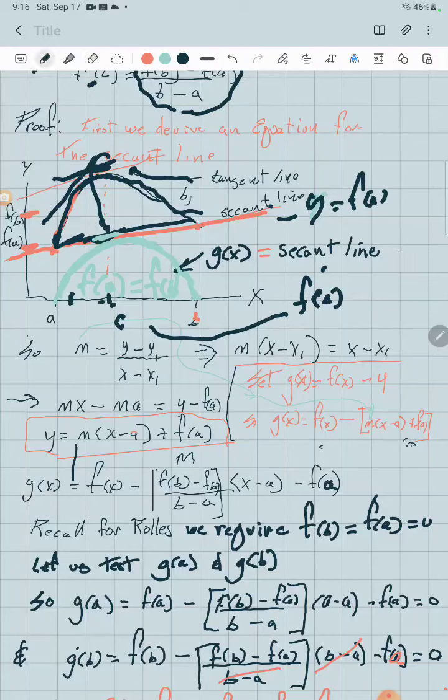So what we're trying to say now is that if you notice f of a, this is a here and this is b here, with this green curve, f of a is equal to f of b.